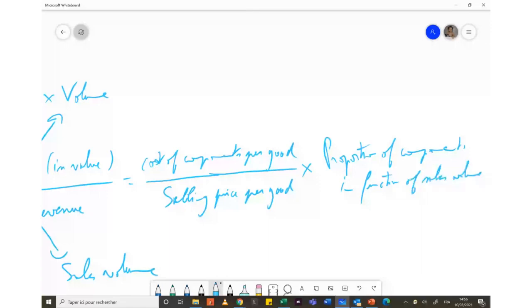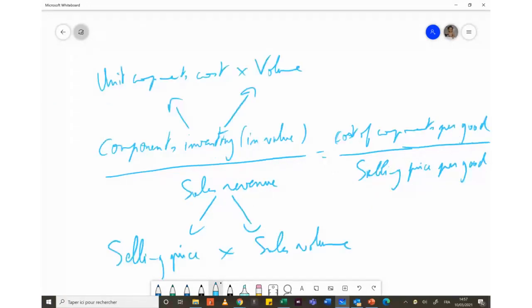So if you want to forecast the inventory in percentage of the sales revenue, you need to know what you spend for the components in function of the same price, and you also need the proportion of components you want in function of what you expect to sell. If you have the two, you can estimate the components inventory in percentage of the sales revenue.